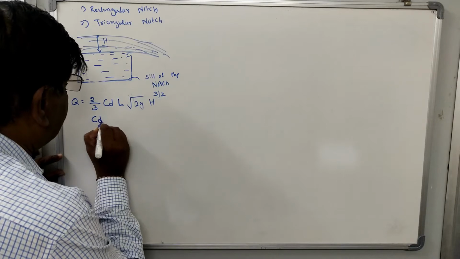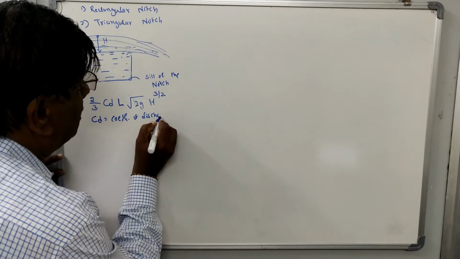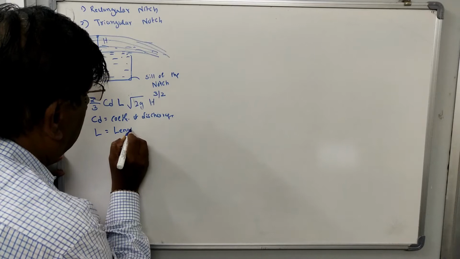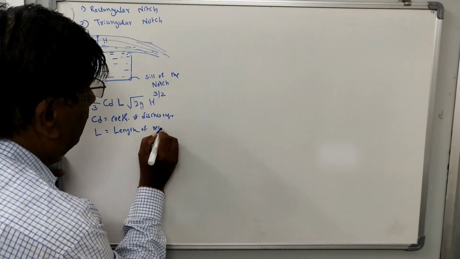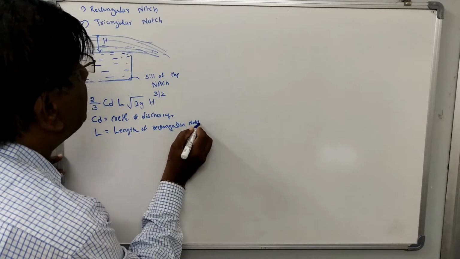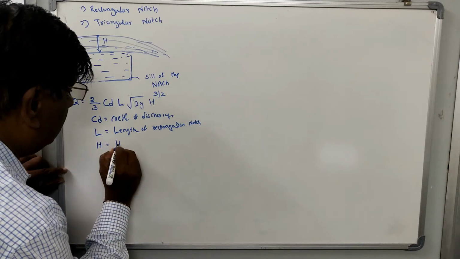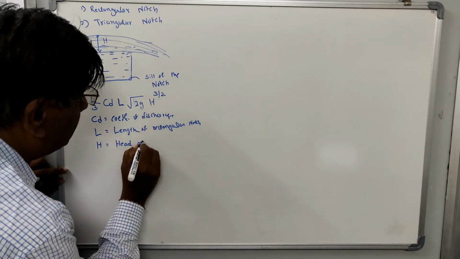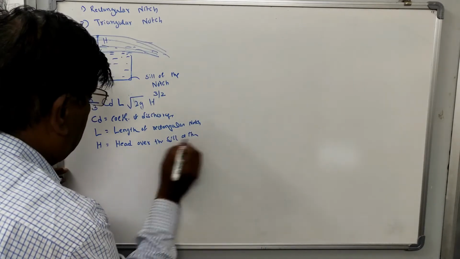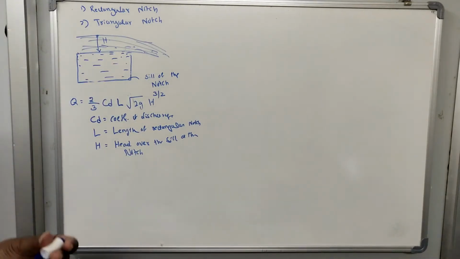CD is the coefficient of discharge. L is the length of the rectangular notch, it is nothing but the length of the sill. Then H is the head over the sill of the notch.